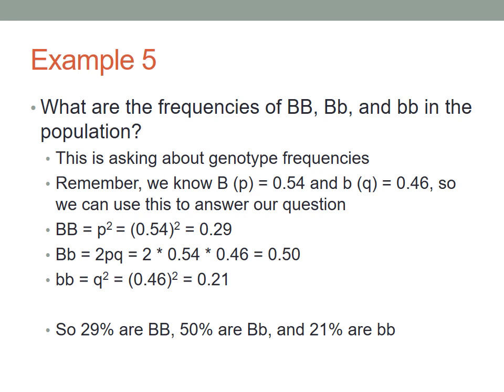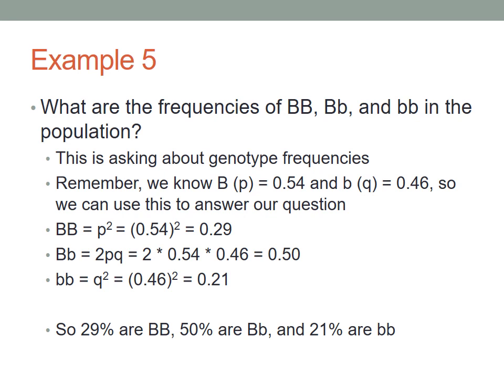Our heterozygote is going to be 2 times P times Q. 2 times 0.54 times 0.46, which equals 0.50. And then our homozygous recessive is Q squared, so it's going to be 0.46 squared, which is 0.21.